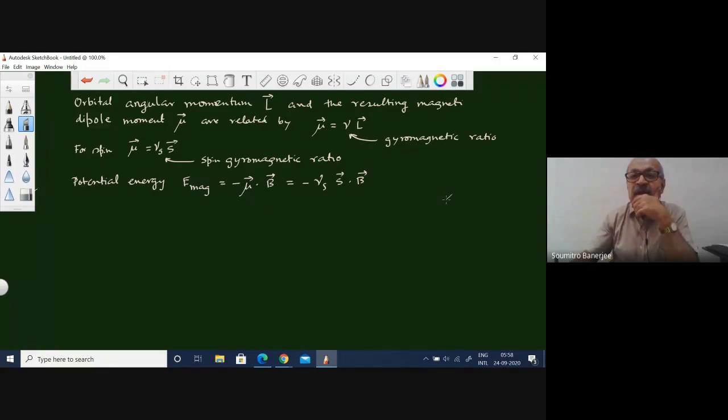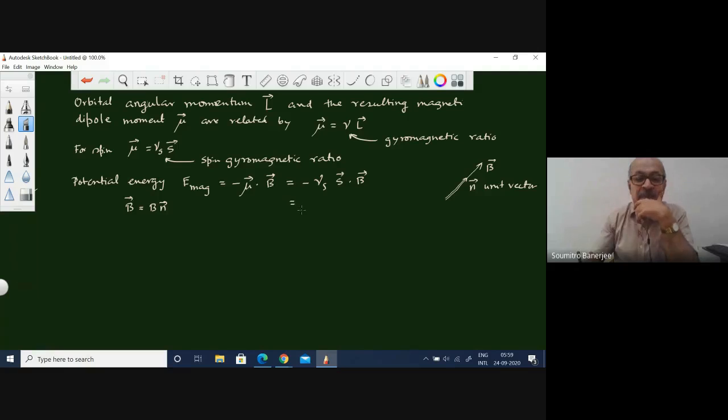If the magnetic field is in this direction, and if a unit vector along the same direction is, say, n, then B can be written as some number B times the unit vector n. Again let's substitute it here.